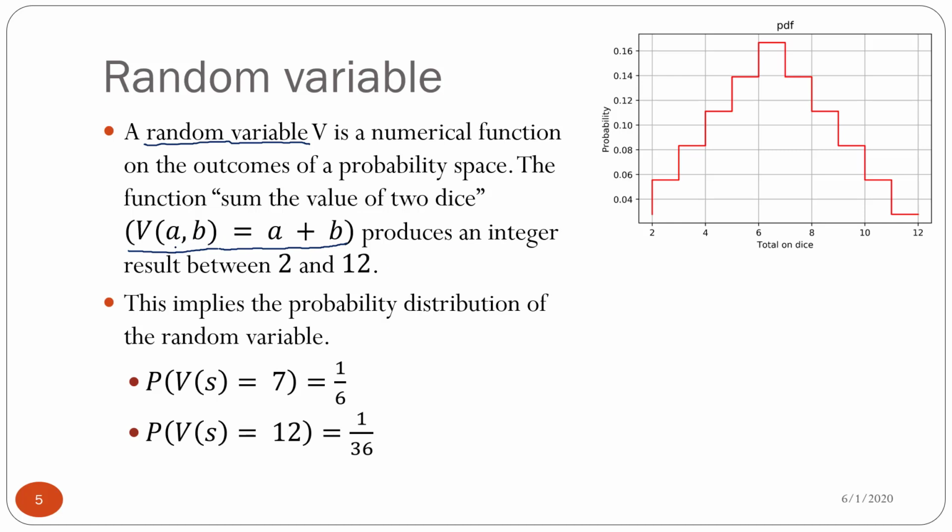Now, why are we applying this function? The function adds up the values shown on the top of the two dice, and we apply it because we want to map the outcomes to some value.